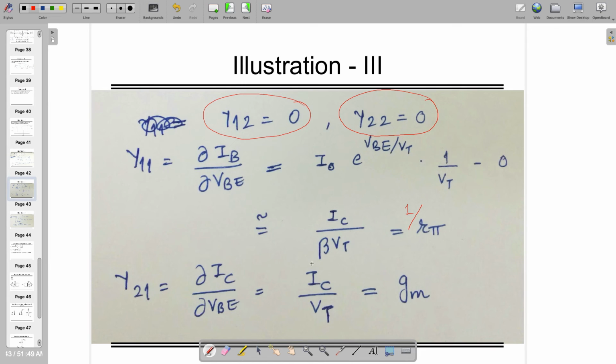Let's define IC by beta Vt as 1 by R pi, just for easy usage, because the unit is mho. Similarly, y21 is IC by Vt, which is known as Gm or the transconductance.